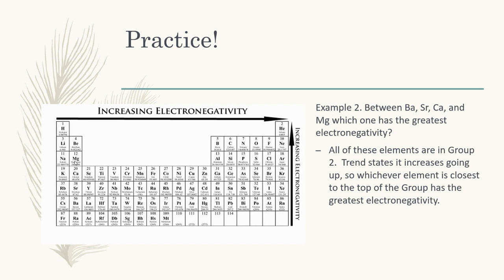So that means that we can just focus on this trend up here where it increases going up. So whichever element is closest to the top of the periodic table has the greatest electronegativity. So let's look. We have barium at the bottom, strontium, calcium, and then magnesium. So magnesium of those 4 would have the greatest electronegativity.